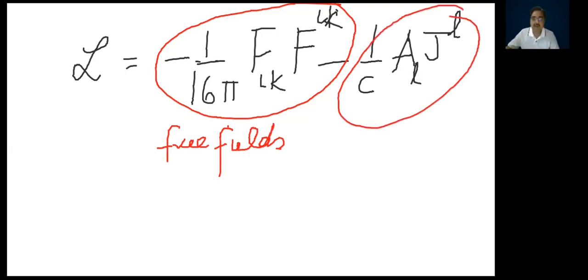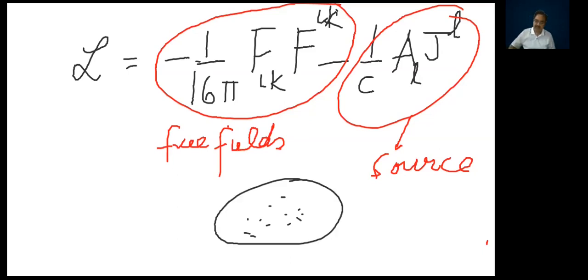The second part is, of course, the source term. So if you have the charges and the currents in certain situation, and those charges and currents might create the fields, that is Fik, then you can always write the total Lagrangian, and the total Lagrangian includes these two parts.